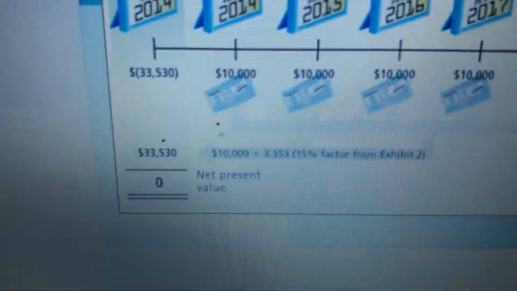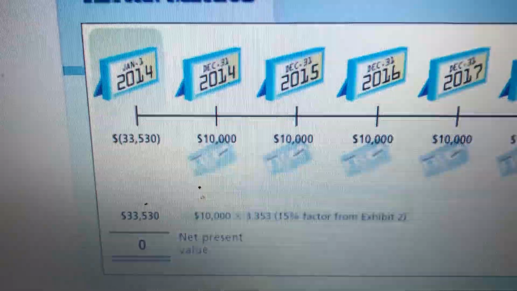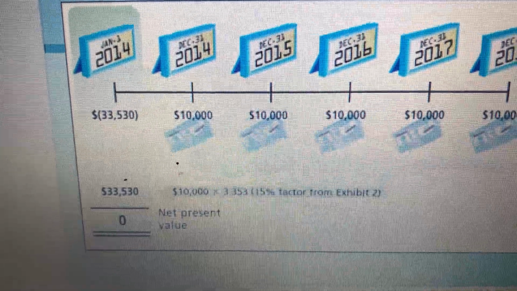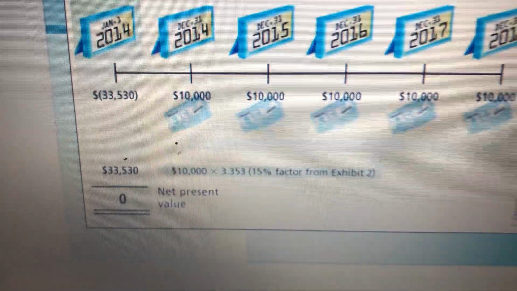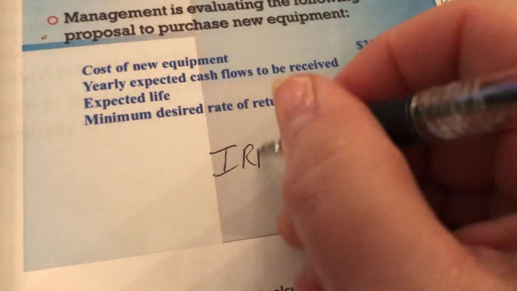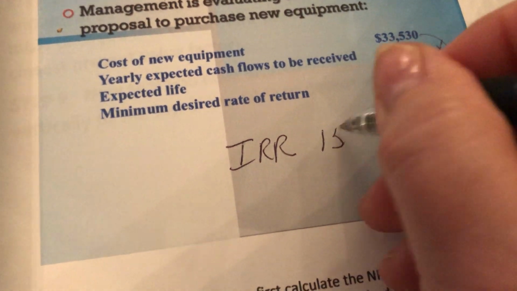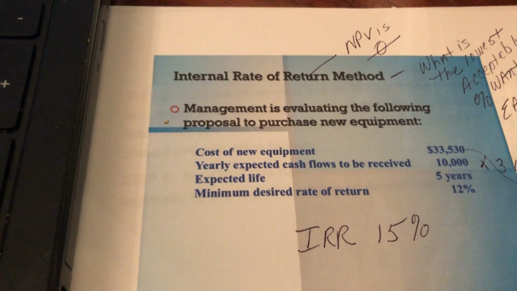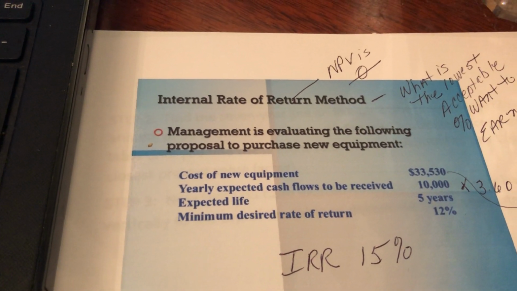When you multiply it times 10,000 and subtract your cost, you come up with exactly a zero net present value. So in this particular problem, your internal rate of return is 15%. Okay, 15% is your internal rate of return.